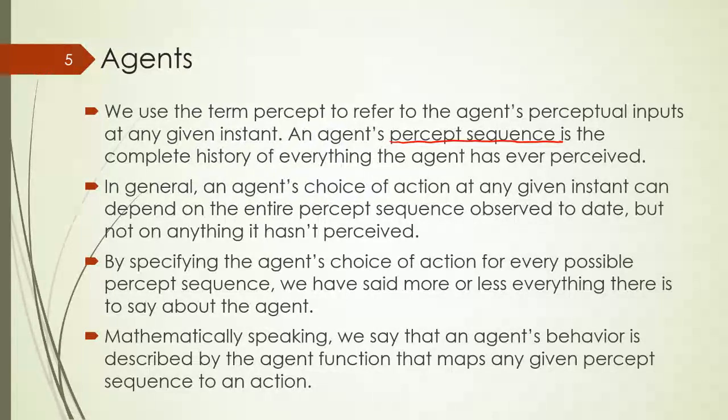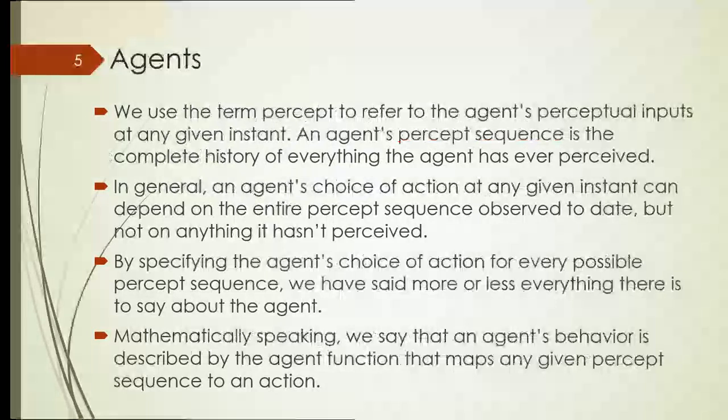By specifying the agent's choice of action for every possible percept sequence, we have said more or less everything there is to say about the agent. Mathematically speaking, we say that an agent's behavior is described by the agent function that maps any given percept sequence to an action.